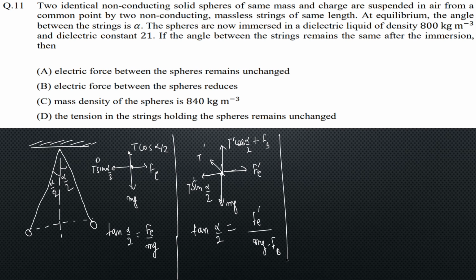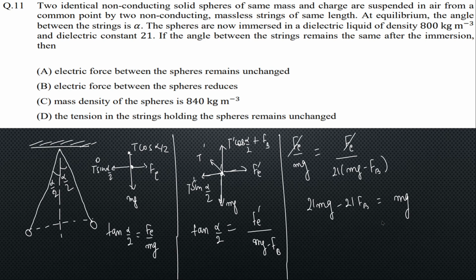Now this Fe by mg equals Fe by 21 into mg minus Fb only. So the Fe and Fe get cancelled out, and that would be 21 mg minus 21 Fb equals mg.